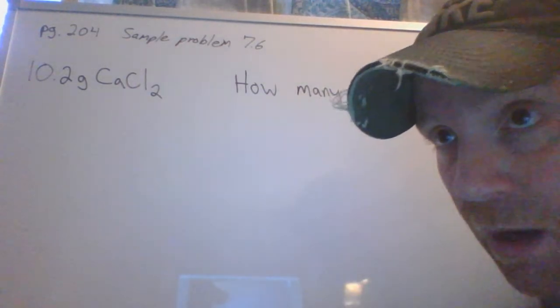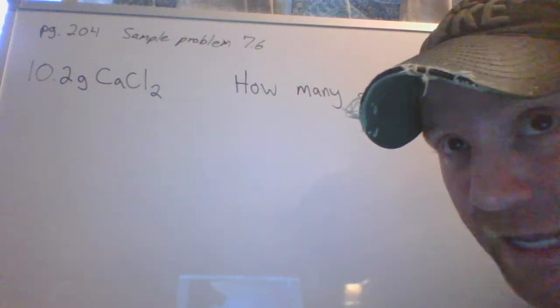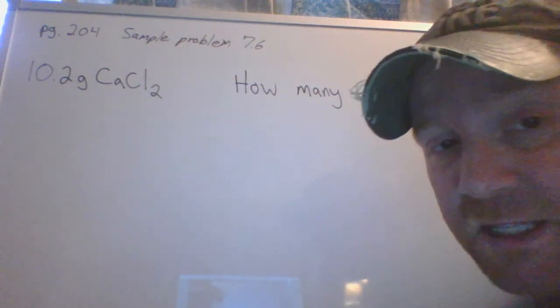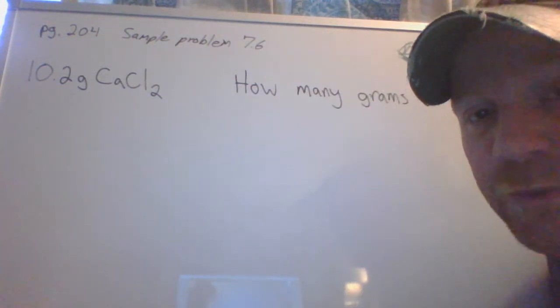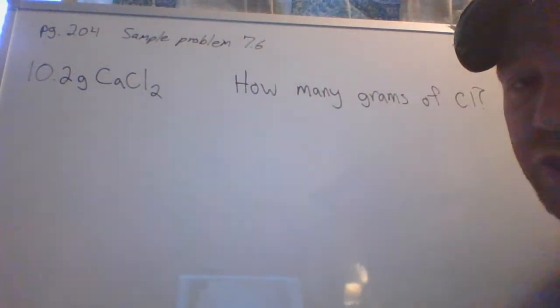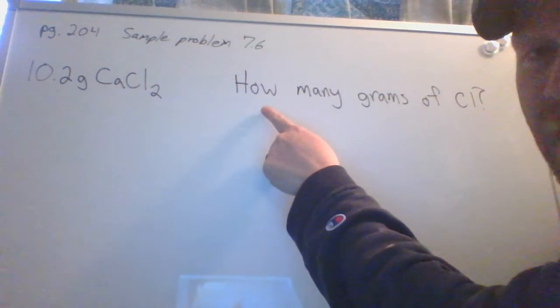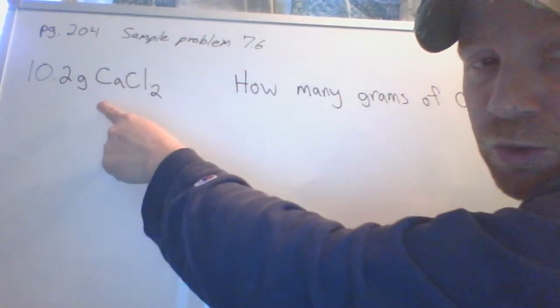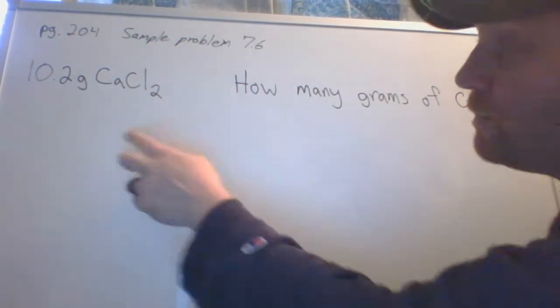And there's water also in this plastic bag. When you break the inner bag that has the water in it, it mixes with the CaCl2, the calcium chloride, and releases heat, thus the hot pack. Here's the chemistry question. How many grams of chlorine are in 10.2 grams of CaCl2?